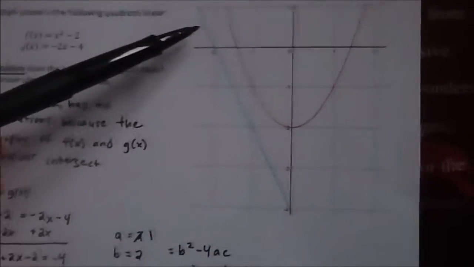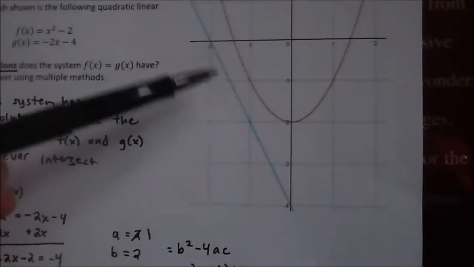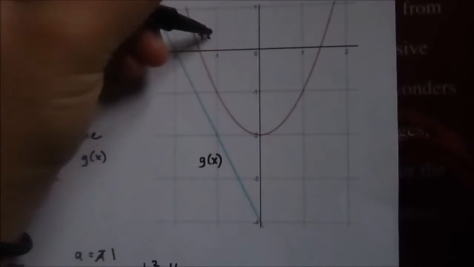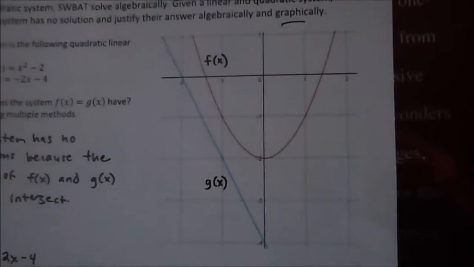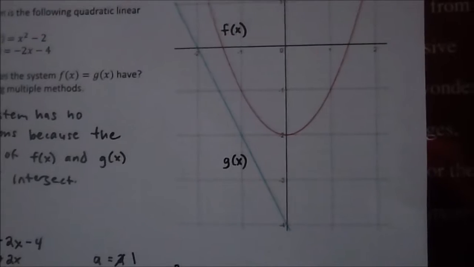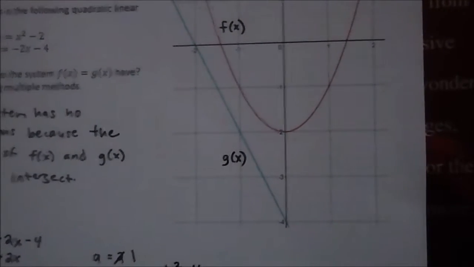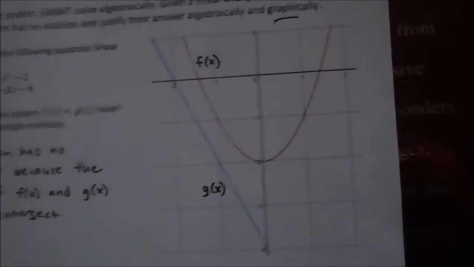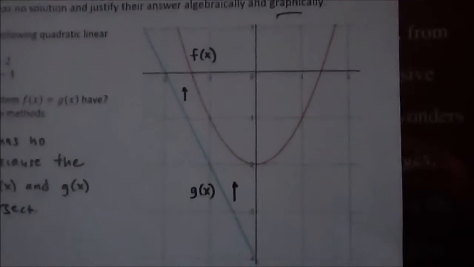So the easier graph to do a transformation on is the linear equation, our equation for g of x, because f of x is not in vertex form. We could write it in vertex form, but that's going to be a lot more work. So I need to take the graph of g of x and move it. The easiest way is just to move it upwards until it intersects with the graph of f of x.